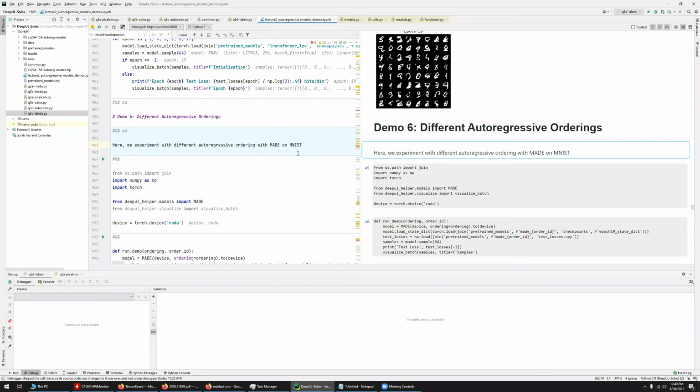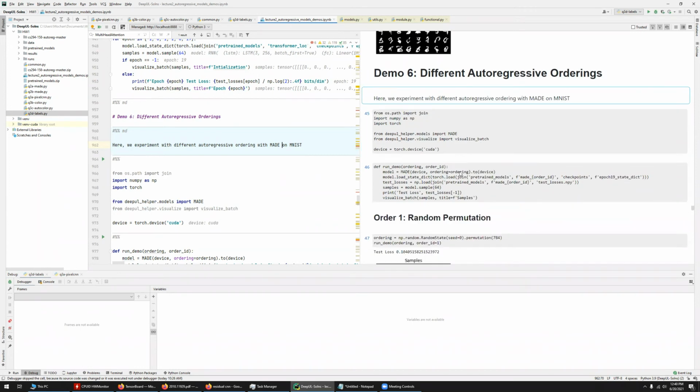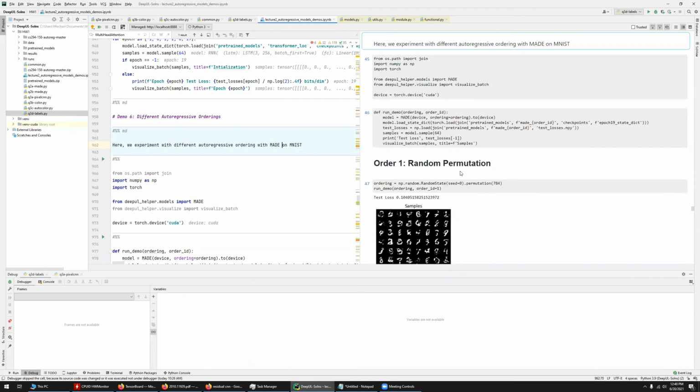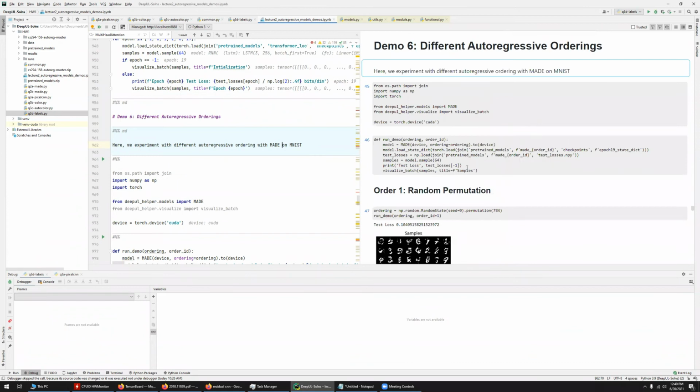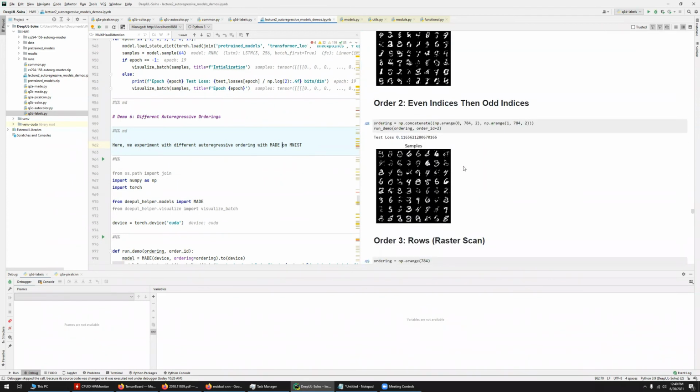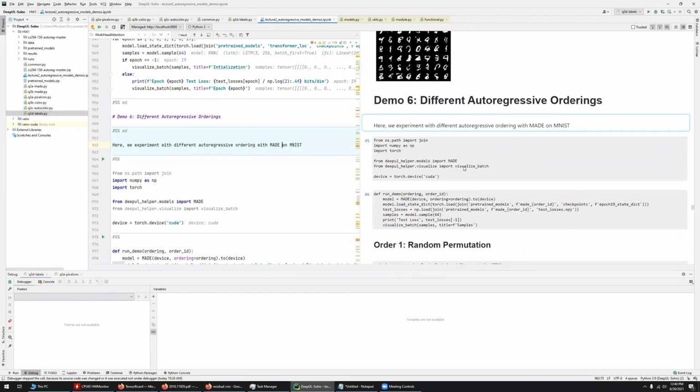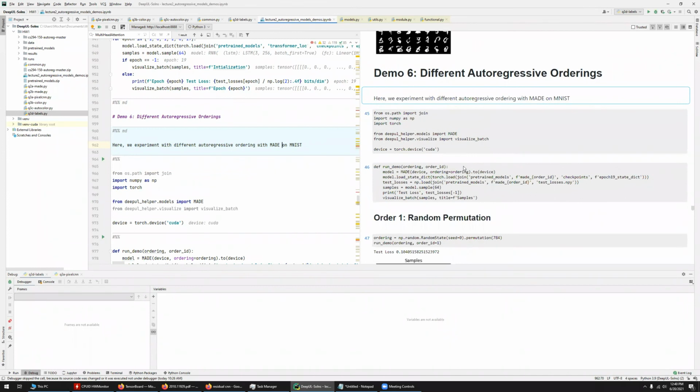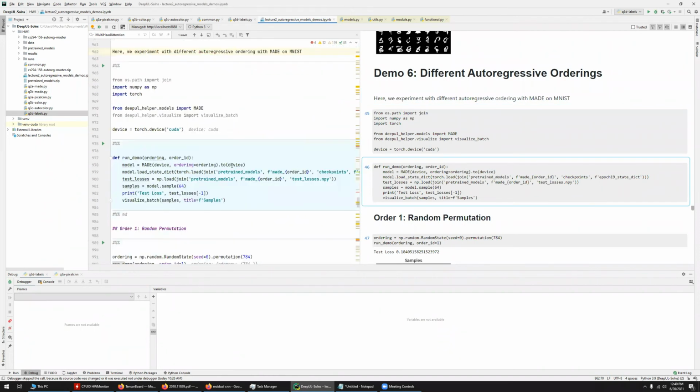Okay, so they have different autoregressive orderings, but this is made on MNIST. So we can skip it. I think we did talk about it, but again, I don't think we saw an implementation.